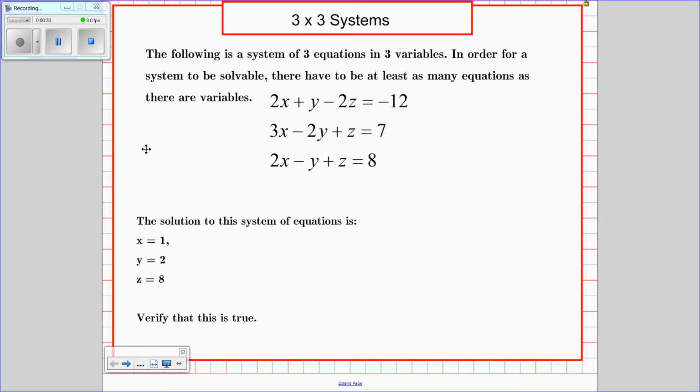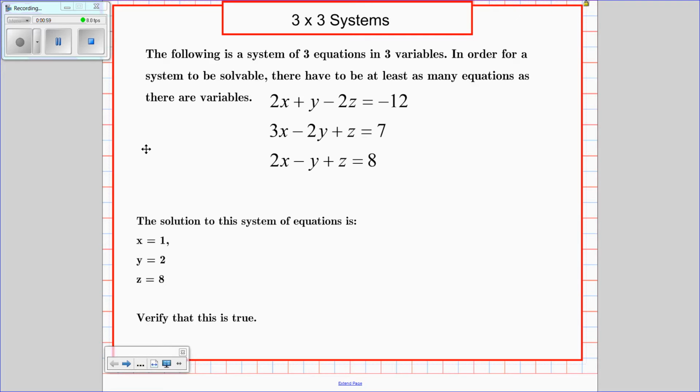The solution to this system of equations is x equals 1, y equals 2, and z equals 8, and we're asked to verify that this is true. So we go one by one in each equation. For the first equation, I plug in 2 times 1 plus 2 minus 2 times 8, and I find that that equals negative 12. 3 times 1 minus 2 times 2 plus 8 does equal positive 7.